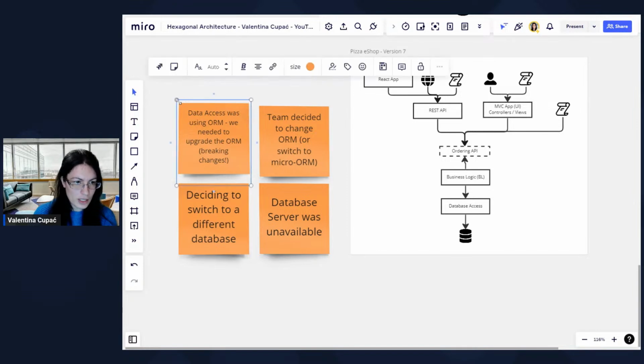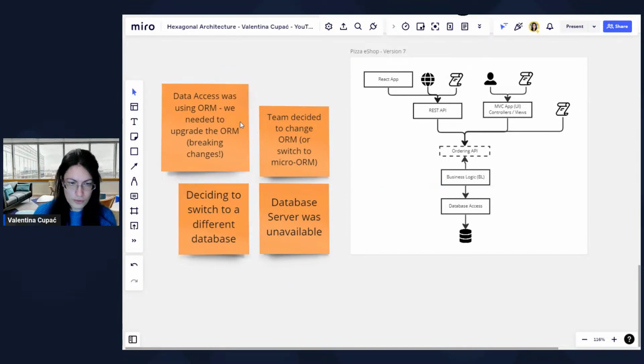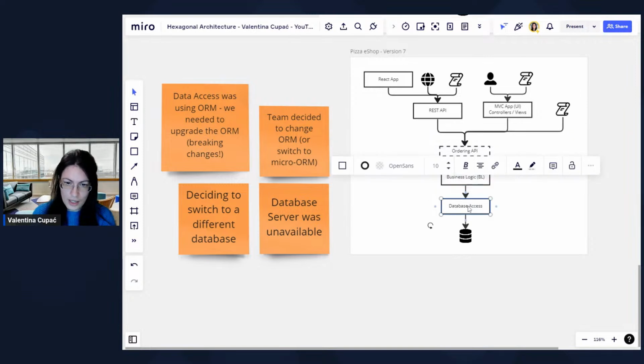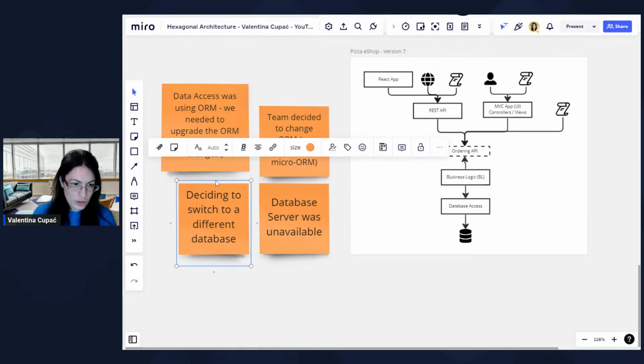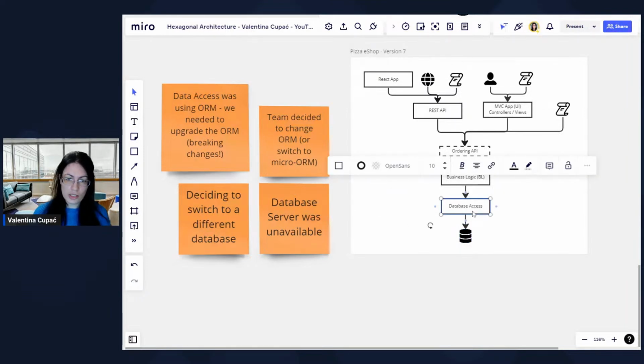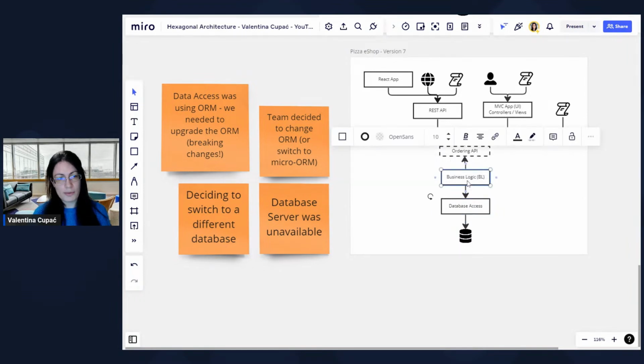So we can see here a lot of problems which are all stemming just because of the fact that our business logic is directly coupled to the database. And any of these changes, for example these breaking changes, it would mean that during the time that this breaking change is in progress, all developers are fully blocked.